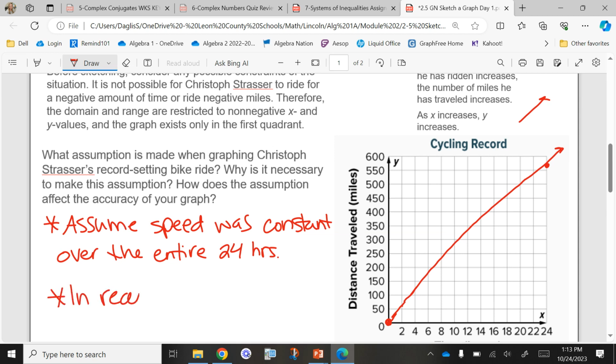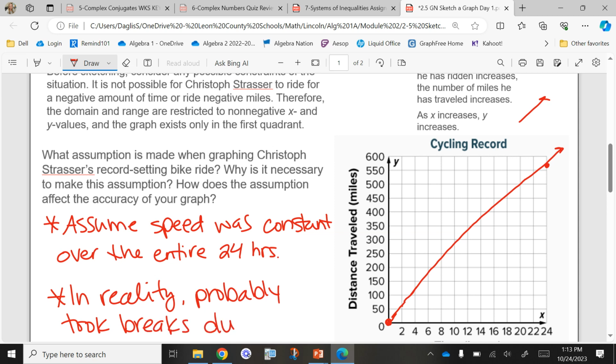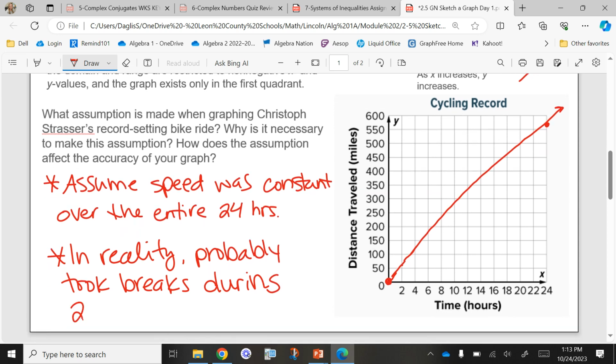So in reality, he probably took breaks during the 24-hour ride. Okay?